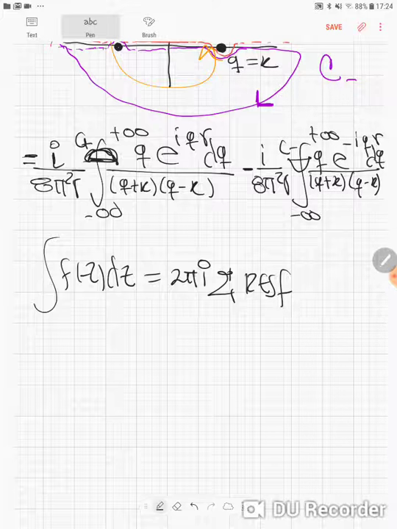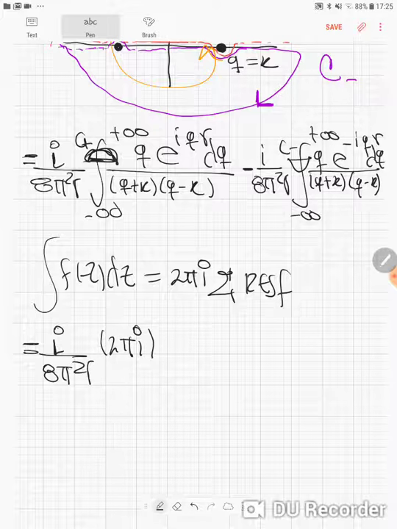Okay, and this is exactly what I'm going to do. Since there's only one pole at each side, I'm going to take I over 8 pi square r times 2 pi I from Cauchy's theorem times q minus k, which is one of the poles.